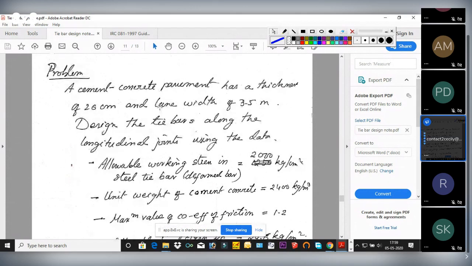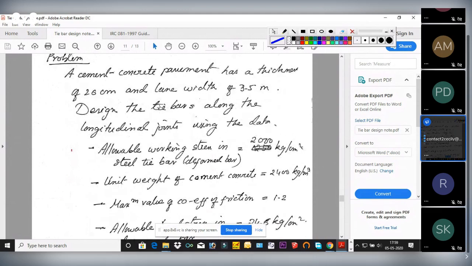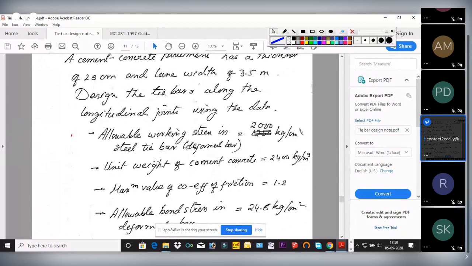So these are the data, please note it down. H equals 26 centimeter. B capital equals 3.5 meter. Capital S suffix S equals 2000 kg per centimeter square.